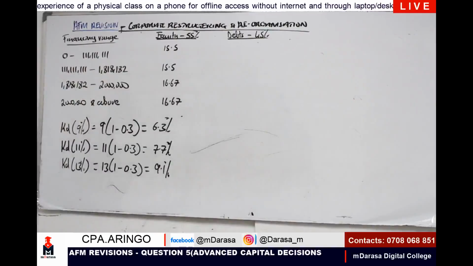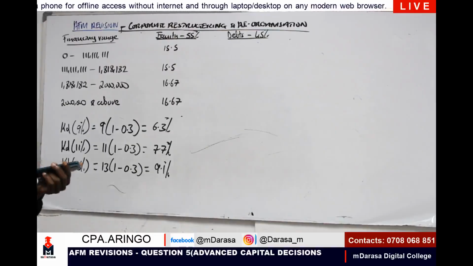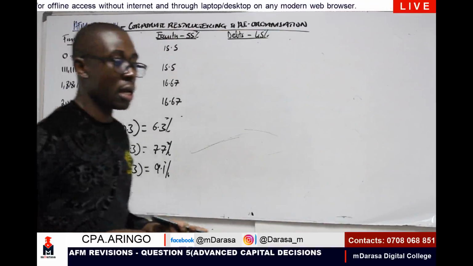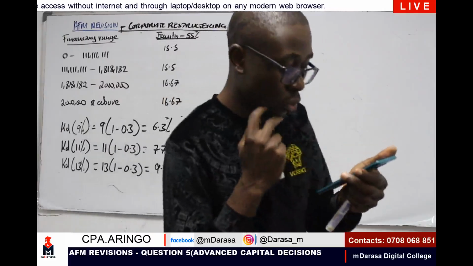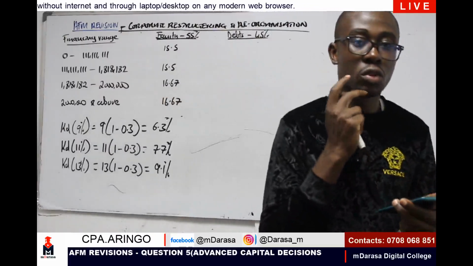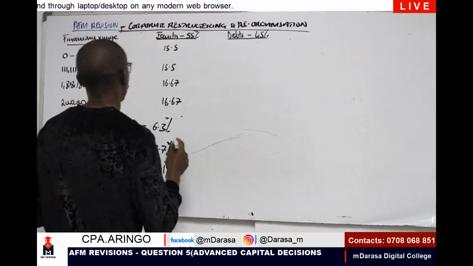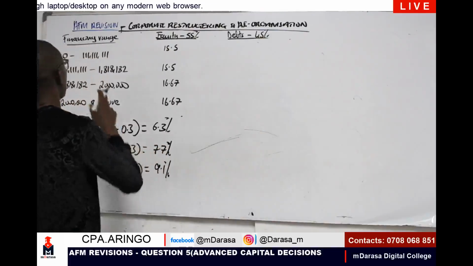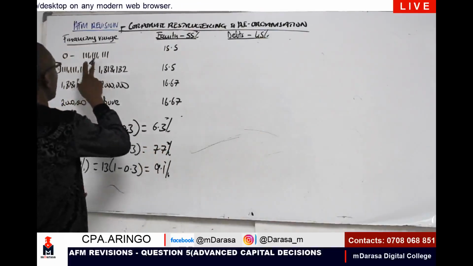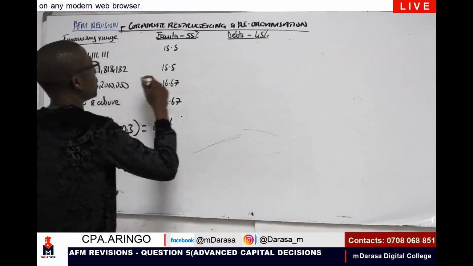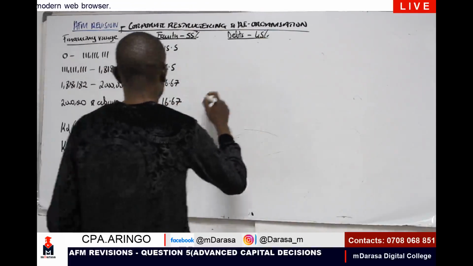So once we have that, we look at it as per our range, as per our maximum. The first one, of course, will be the 9%, which is 0 to 500,000. That one will fall here, so I should be having 6.3.